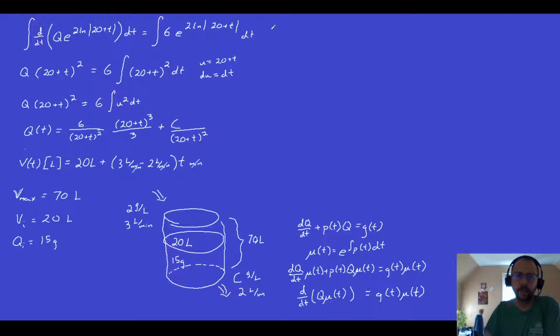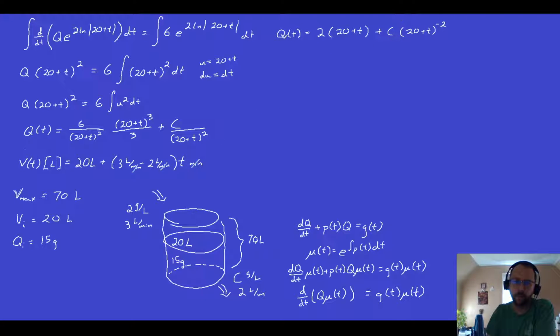That looks better. Q of t equals 2, 6 divided by 3, 2 times 20 plus t, and then plus c times 20 plus t raised to the negative 2.